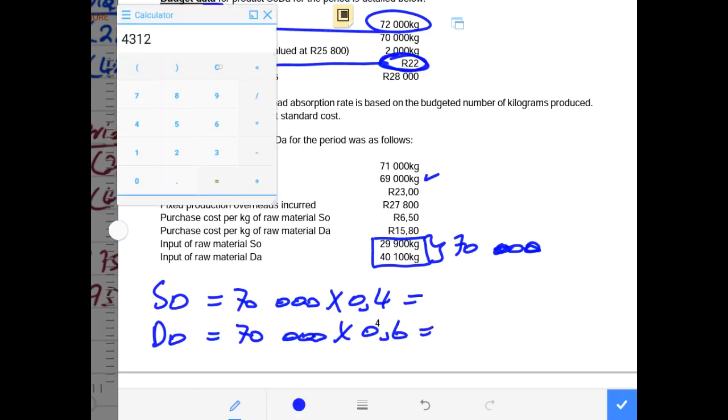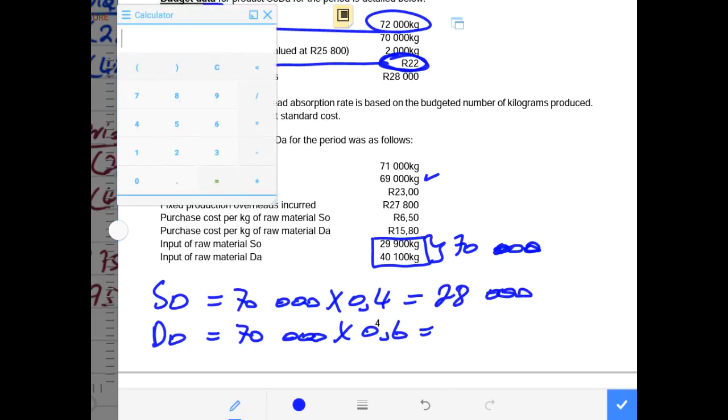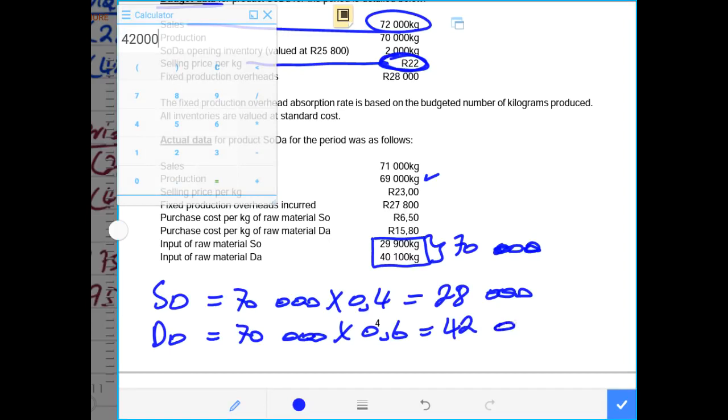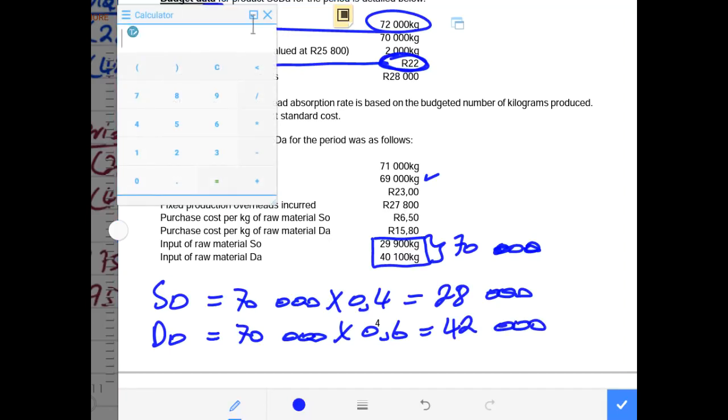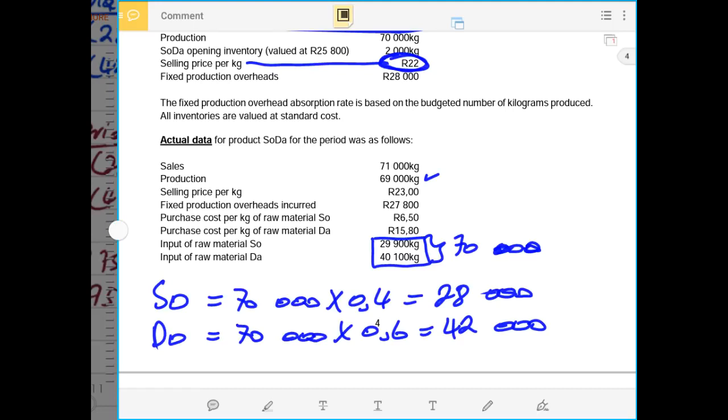So 40% of 70,000 gives us 28,000 standard material, and 70,000 times 0.6 is 42,000 kgs, which is the kgs that were supposed to be the input in order to allow the company to get the output of 69,000.